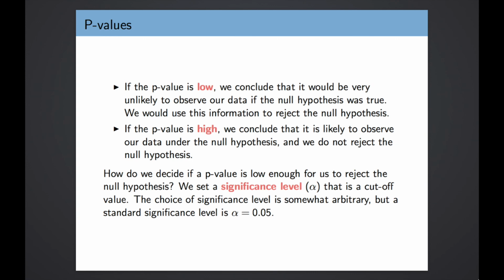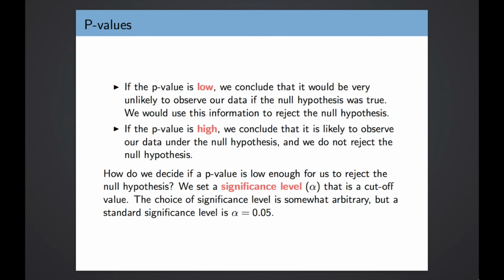On the other hand, if the p-value is high, what that tells us is that there's a reasonably high probability that we would observe what we observed under the null hypothesis. So the null hypothesis explains the data that we observed just fine. If we find this, then we don't have any reason to reject the null hypothesis. We fail to reject the null, and we don't accept the alternative hypothesis.